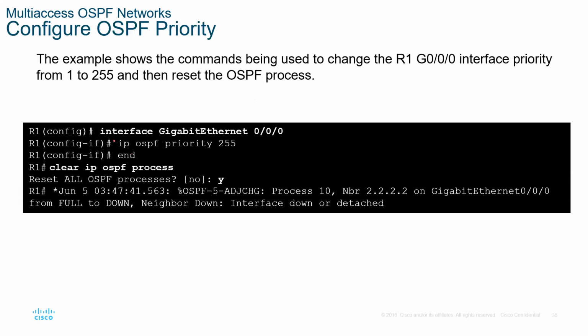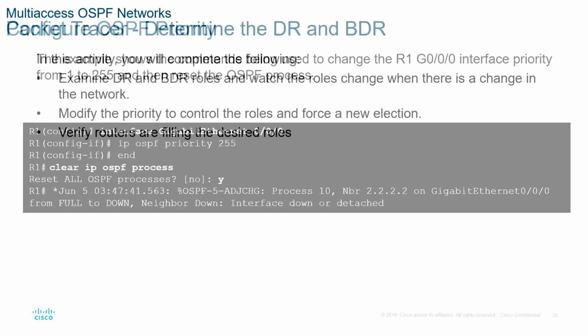This is how you do it: you enter the interface, then ip ospf priority 255. This is an example that shows that router 1's priority has been set to the highest. Once you do that, you say clear ip ospf process. You say yes, then it's going to perform its adjacencies.